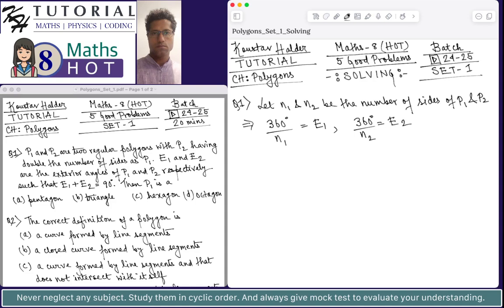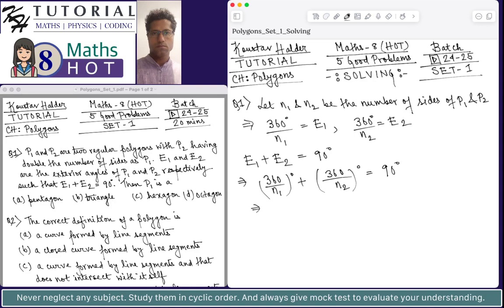Now, also it is given that the sum of E1 and E2 is 90 degree. So, E1 plus E2 is given to be 90 degree. This implies if we add, so E1 is 360 by N1, this much degree, plus 360 by N2, this much degree, will be equal to 90 degree.